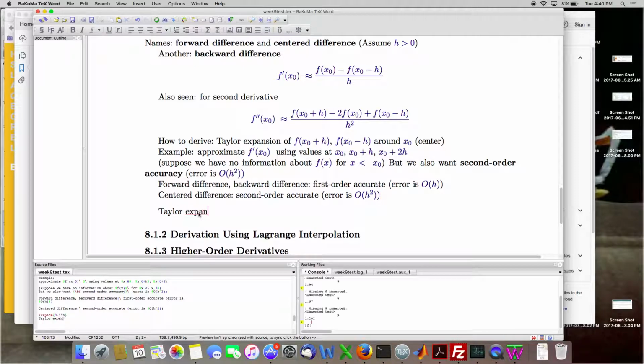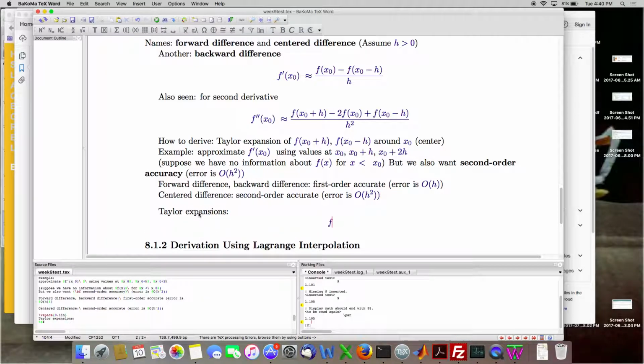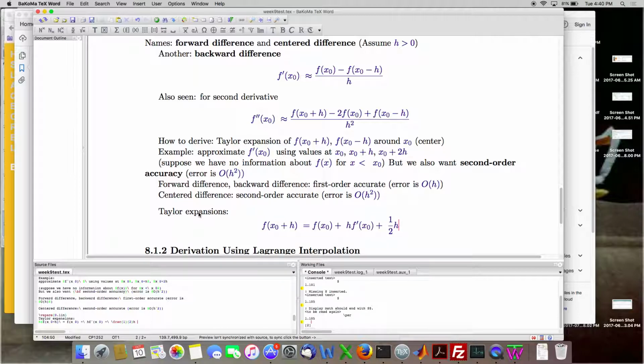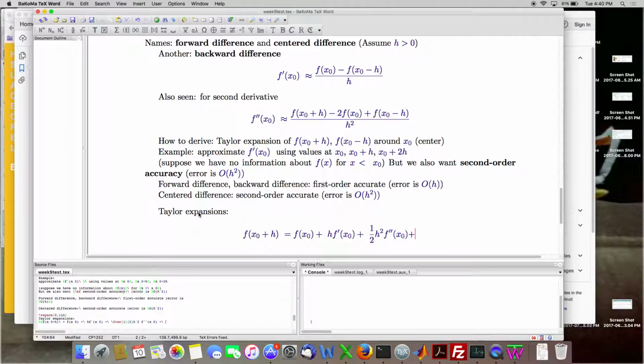So here are my Taylor expansions. So first for f of x naught plus h. All right, so f of x naught plus, and you've seen this before. Okay, plus 1/2 h squared f double prime at x naught. And then, let's see, I'll go out one term more.